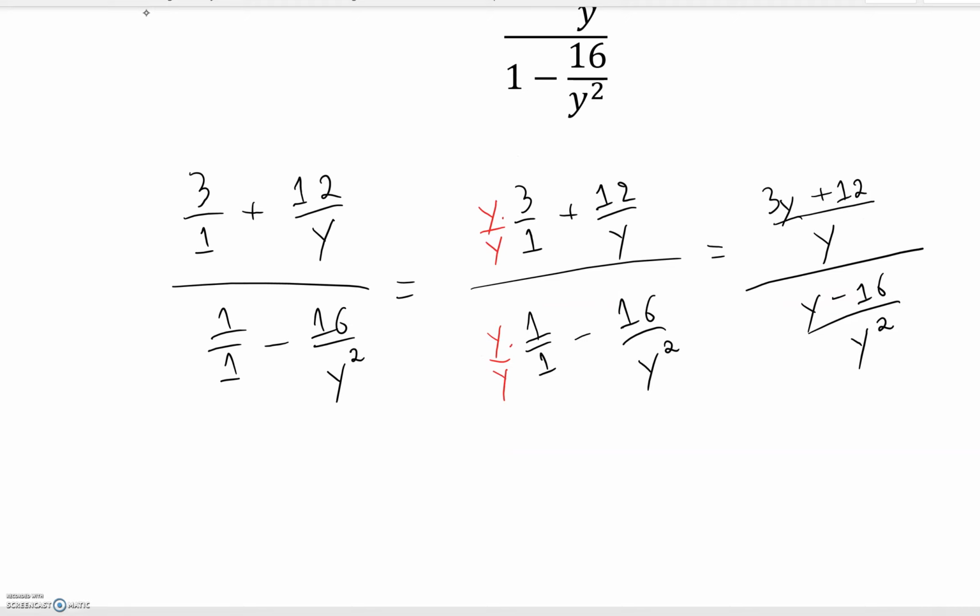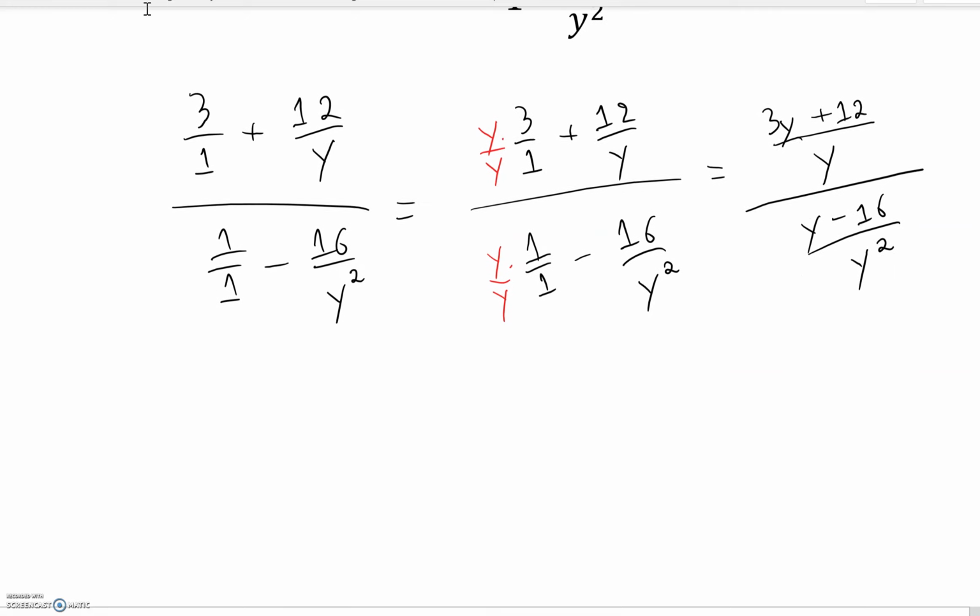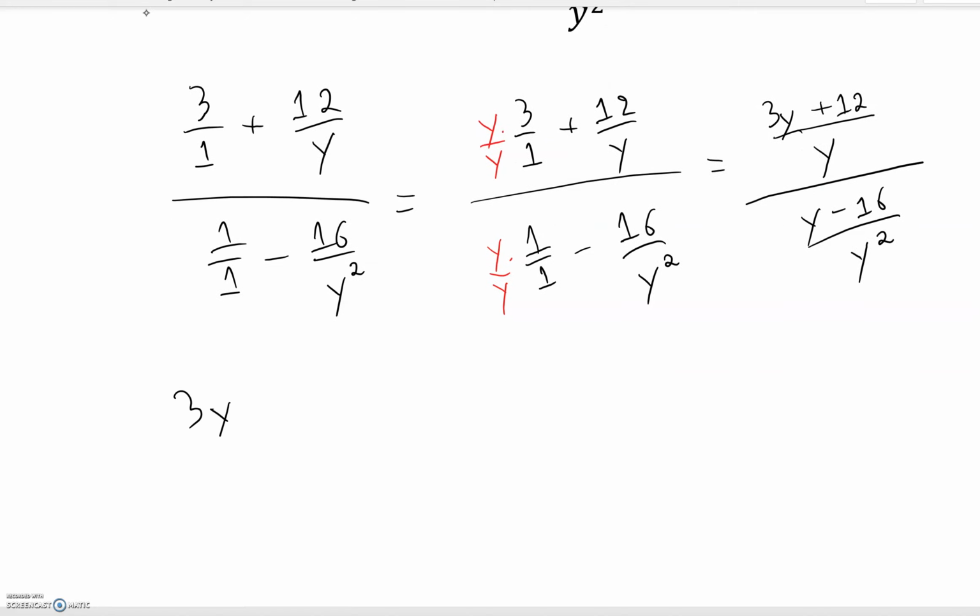Now, if I look at that rightmost expression, I have one fraction divided by another fraction. What do we do? We will take the reciprocal of the bottommost fraction and multiply it by the top fraction.